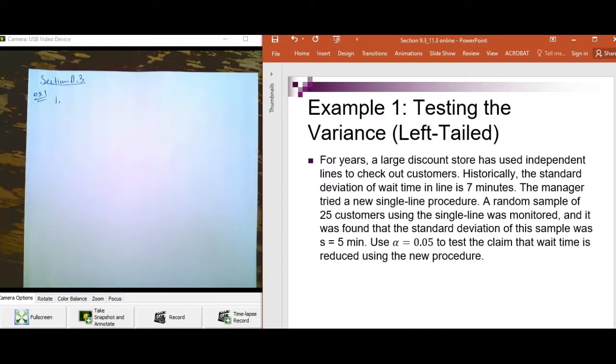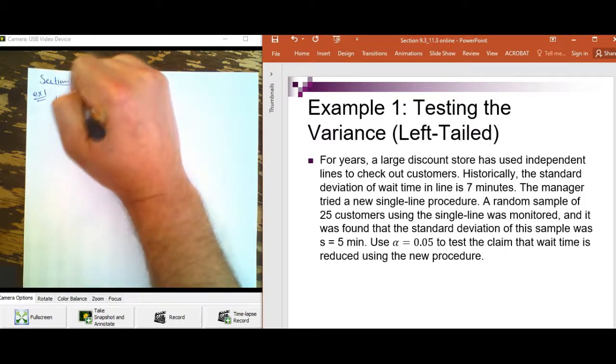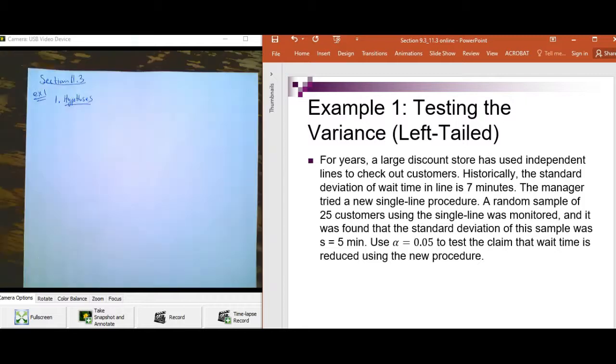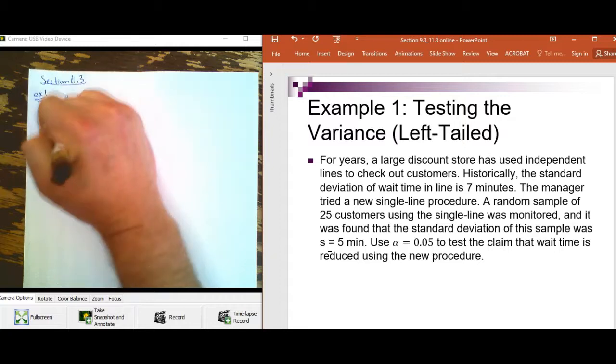First thing we need are our hypotheses. If you notice, it is giving us information revolving around standard deviations and no mention of any means or proportions. So this indicates to us that we should be using this type of test. Let's see, our null hypothesis, alternative hypothesis.